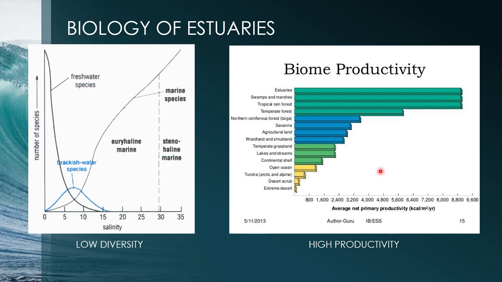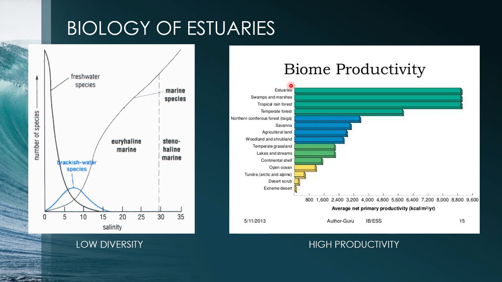Now we can look at productivity, and we can compare the productivity of estuaries to all sorts of other biomes or types of ecosystems. You can see estuaries are right up at the top. Estuaries, swamps and marshes, and tropical rainforests are the most productive of our ecosystems. That means their primary productivity is very, very high. They fix a lot of carbon, right?